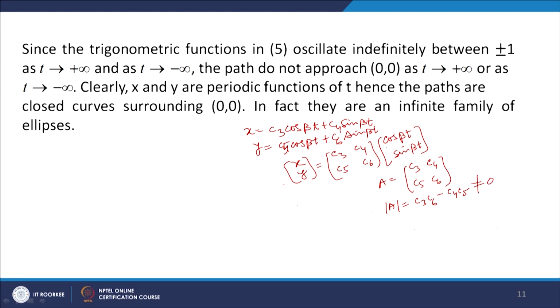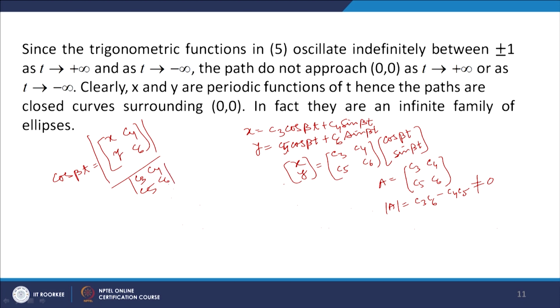Okay. So, we can solve this equation by Cramer's rule. So, we get cos beta t equal to the determinant of the matrix where we replace the first column of the coefficient matrix by the column of constants, x y, c4, c6, divided by the determinant of the coefficient matrix c3, c4, c5, c6.